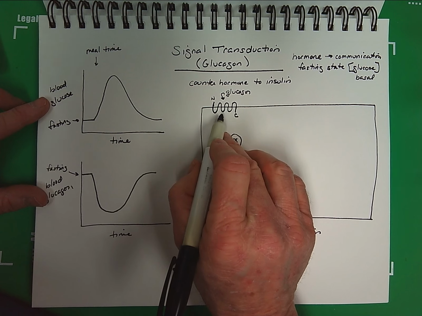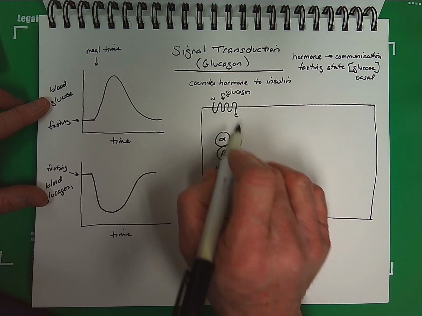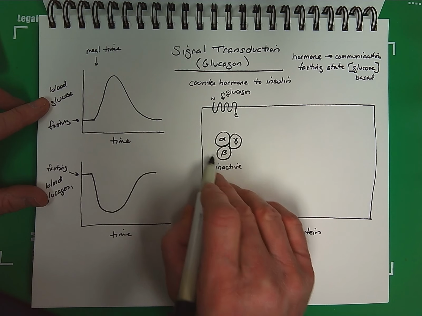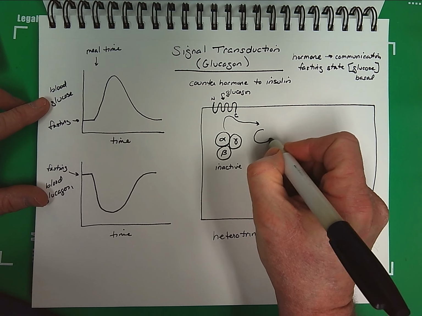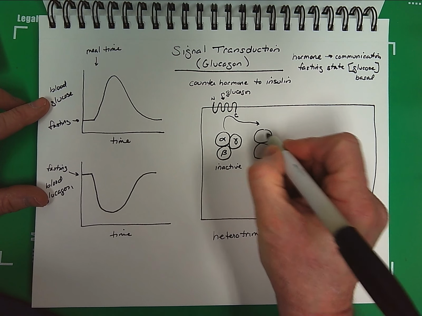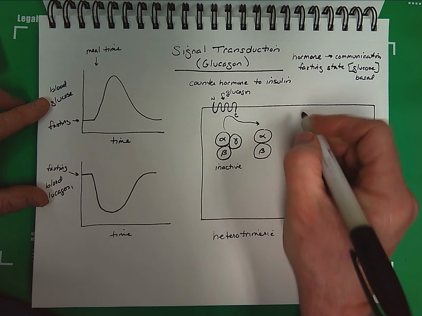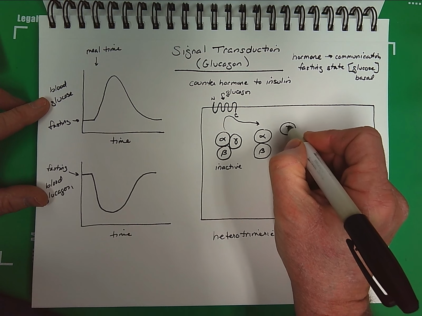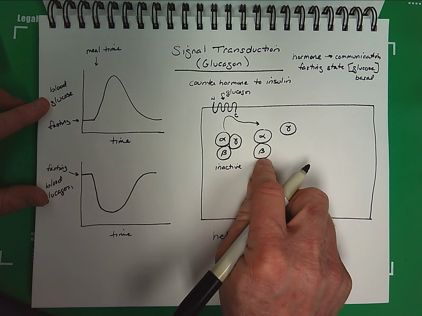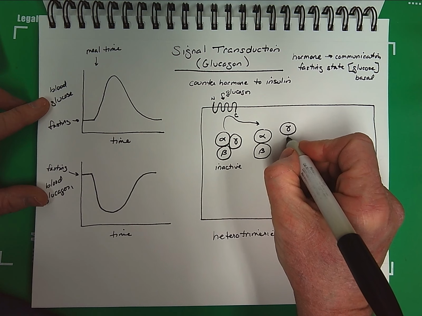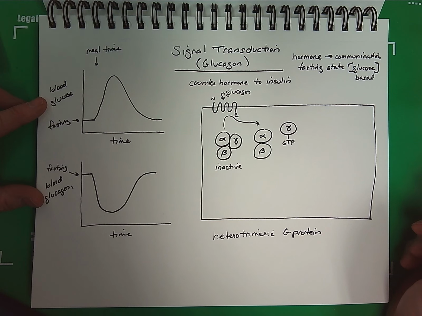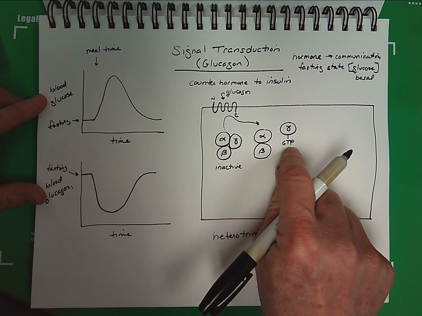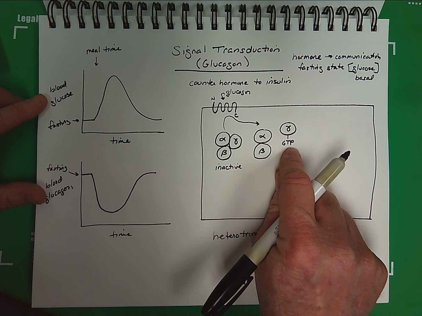When glucagon binds to its receptor, the receptor now interacts with this heterotrimeric G protein and causes the gamma subunit to dissociate from the alpha beta. It does this by binding a small molecule effector called GTP. We've seen ATP is the energy storage molecule.